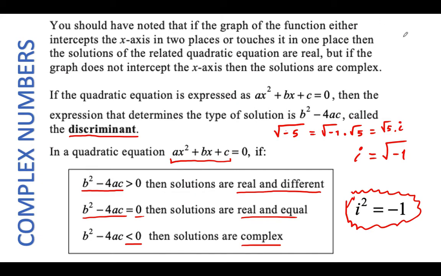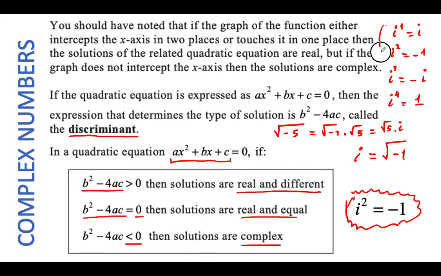For i, we also have to know i to the power of 1, which is i itself. i to the power of 2 is i squared, which is -1. i to the power of 3 is i squared times i, which is -1 times i, which is negative i. And i to the power of 4 is i squared times i squared, which is positive 1.